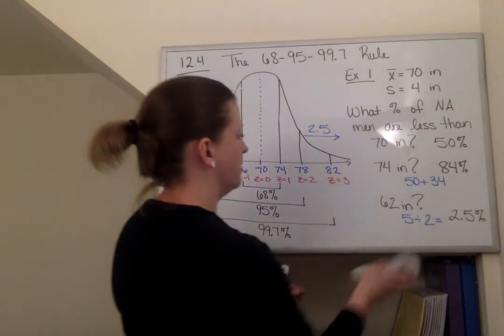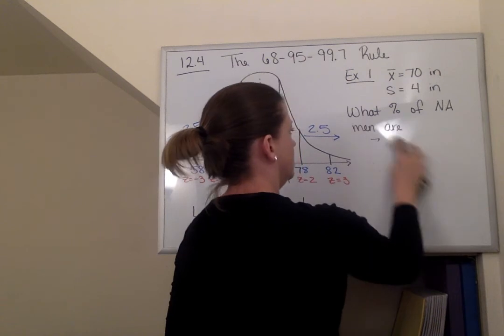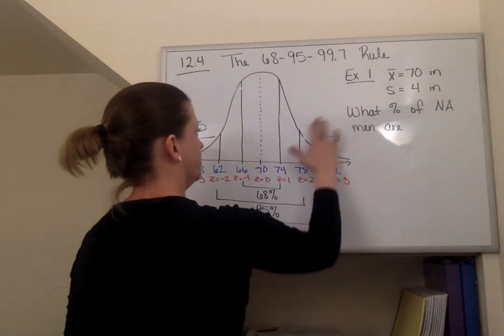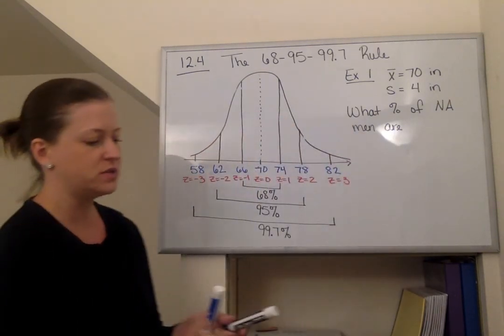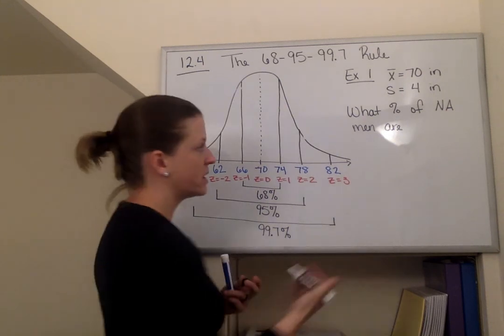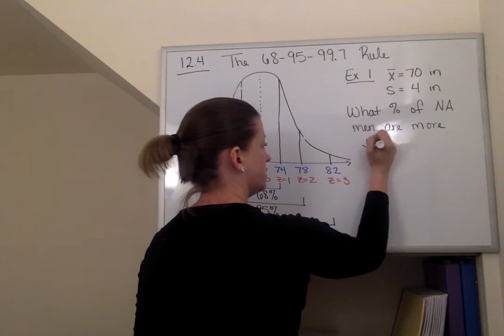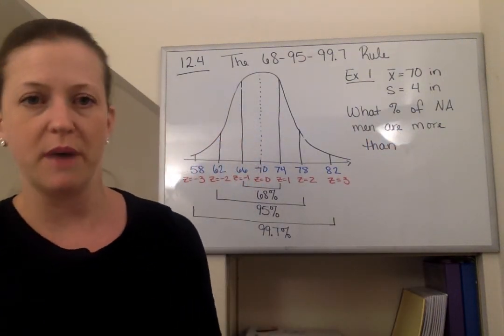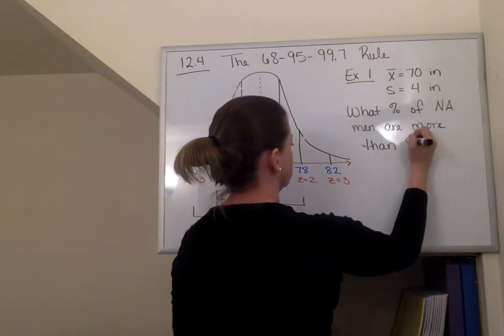We're going to do just a couple more. So what about more than? There's almost no difference between more than and less than on how you approach them. But let's say we wanted to know what percentage of North American men are more than 82 inches.